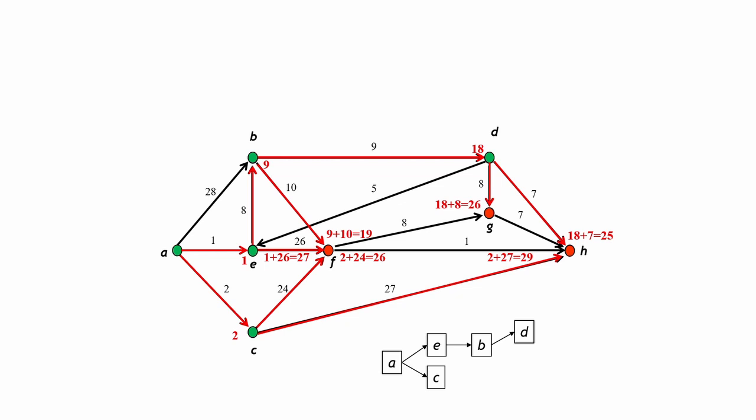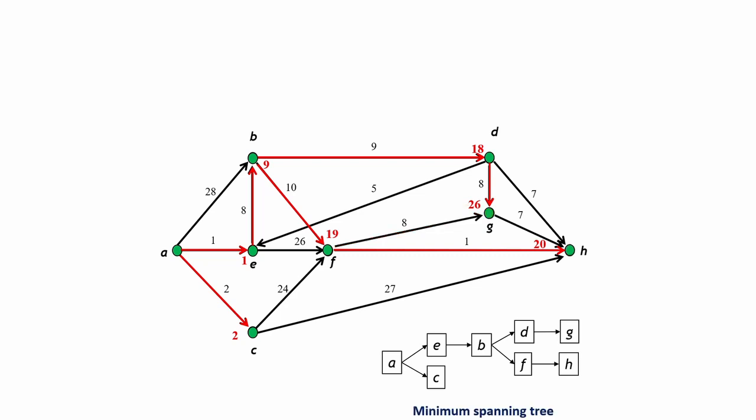Going to either G or H would be more costly at this step. We do the same again and again until all nodes, G as the last one, are connected by a shortest path to our original start node, A.